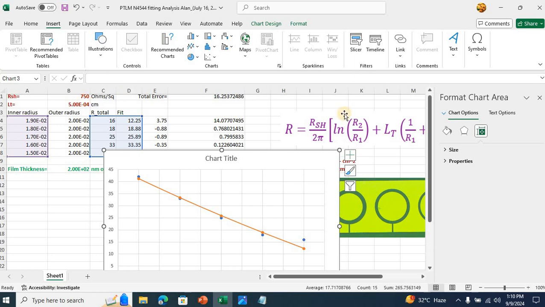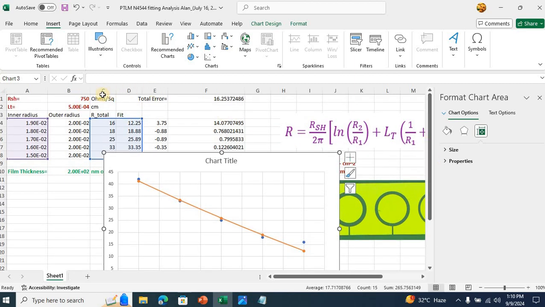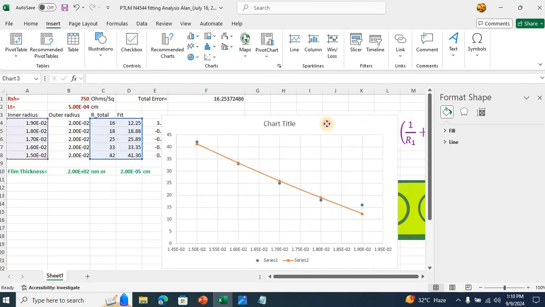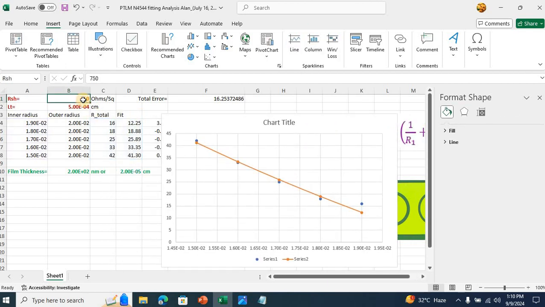Now I've already found the optimal values for the sheet resistance and for the transfer length as well. But what you can do is vary it around. For example, let me move this figure over here. What happens if I decrease the sheet resistance to 500? Okay, now it's not a good fit. What if I increase this to 600?